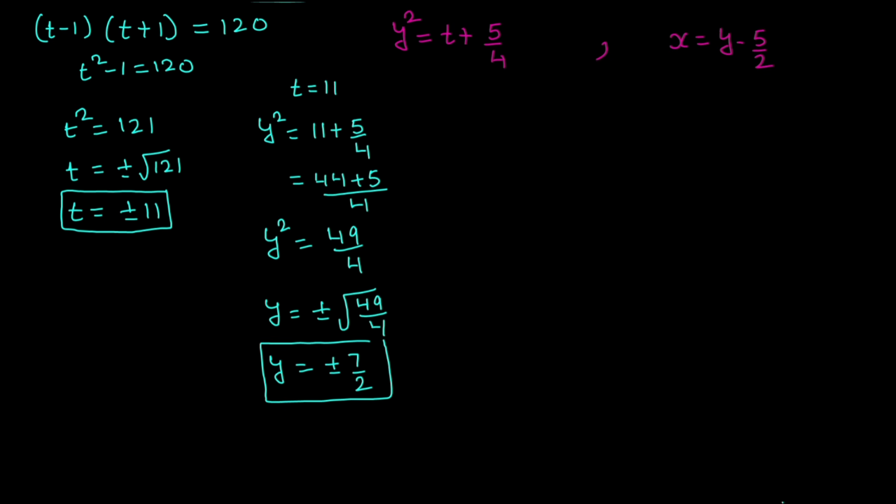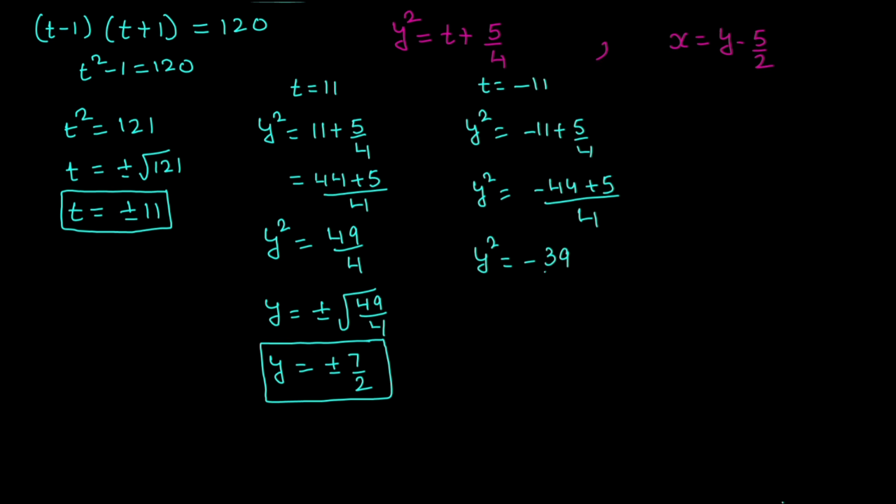Now we put the value of t is equal to minus 11. We get y square is equal to minus 11 plus 5 by 4. Clearly this is a negative number, that is minus 44 plus 5 divided by 4, and y square comes to be minus of 39 by 4, and this gives us no solution.